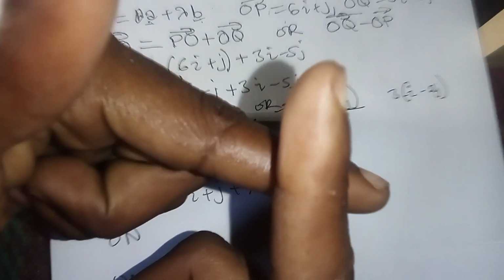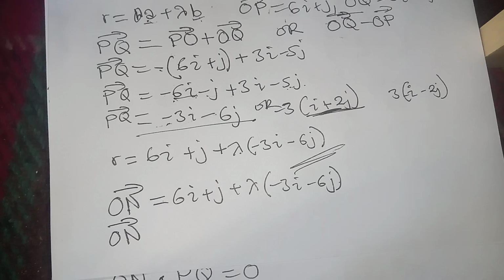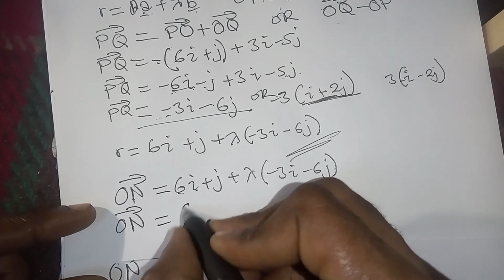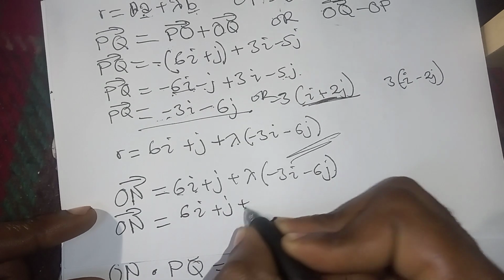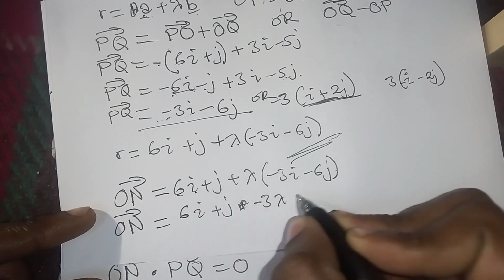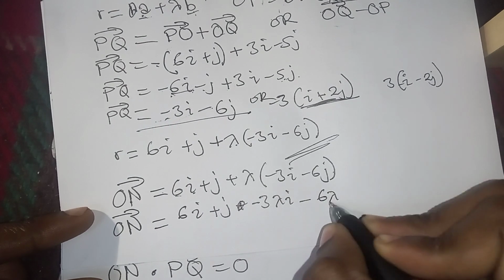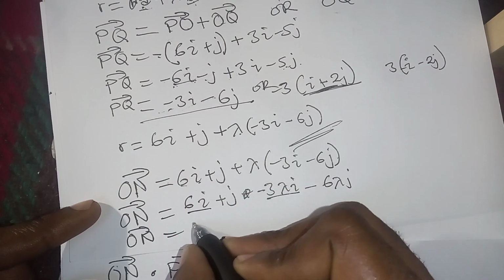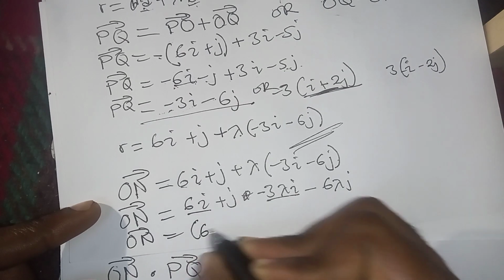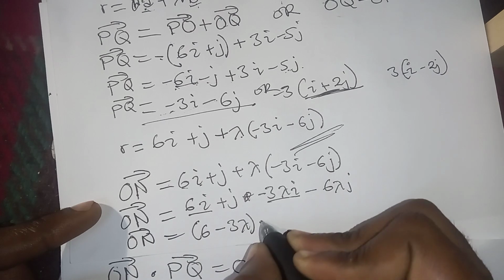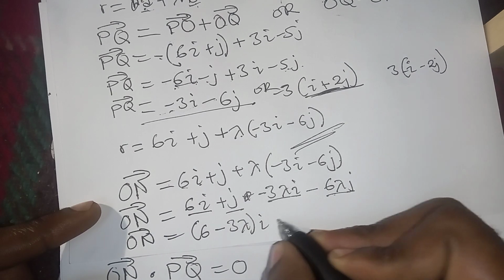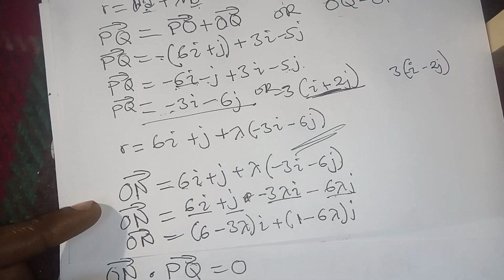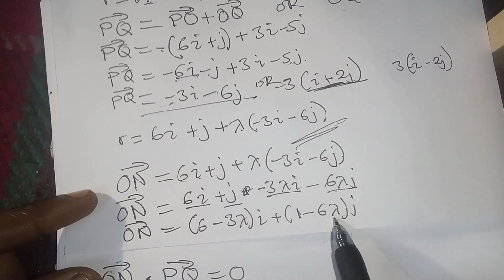Remember, when two vectors are perpendicular to each other, their dot product is always 0. So we have 6i plus j, then minus 3 lambda i minus 6 lambda j. So your ON will be 6 minus 3 lambda i, and then the j's with the j's, 1 minus 6 lambda j. So this is your ON in terms of lambda.